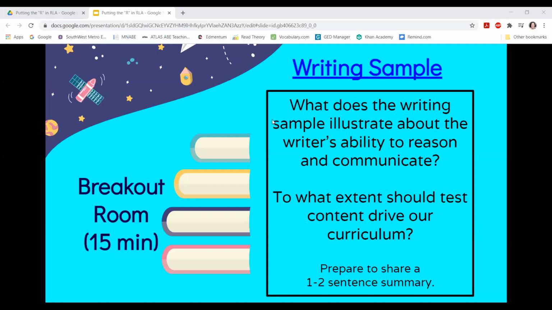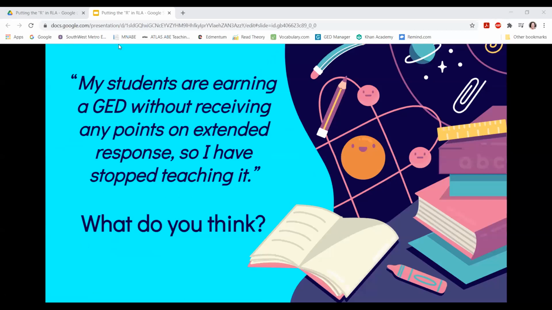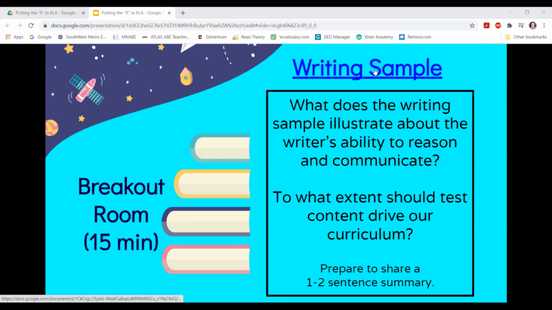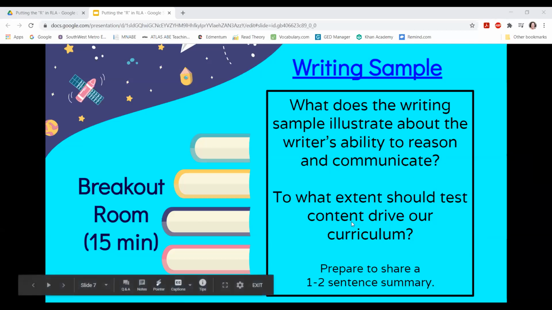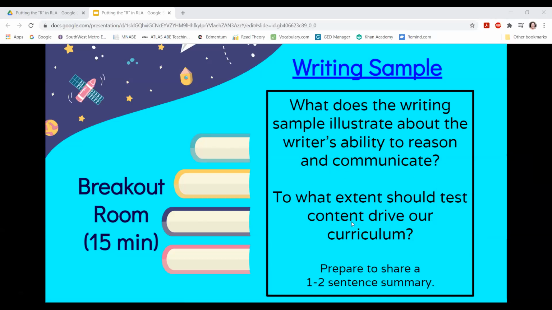Okay, so you're back in the main room after a 15-minute discussion, and I understand there's a possibility that your discussion went on a tangent and other things that are important. Fine. Just want to remind you that the purpose was to respond to this idea of whether or not I should teach something that earns 0 points on a test, your response to a writing sample, and then the bigger question, to what extent should tests drive our curriculum.